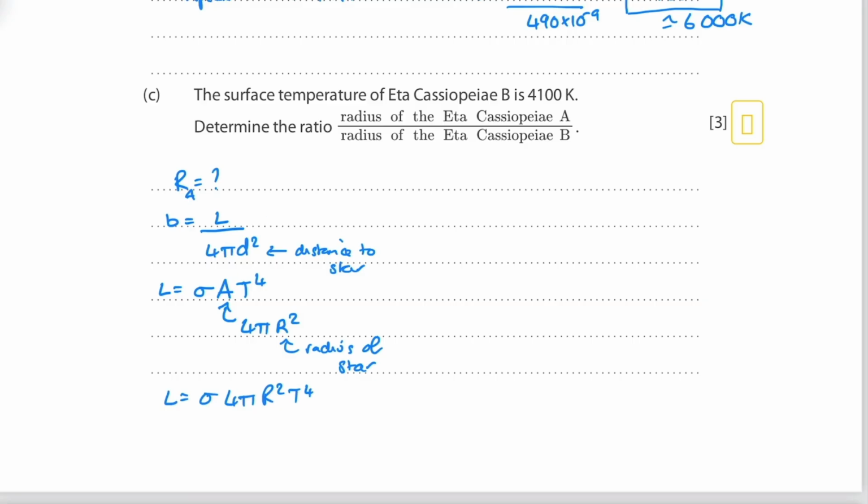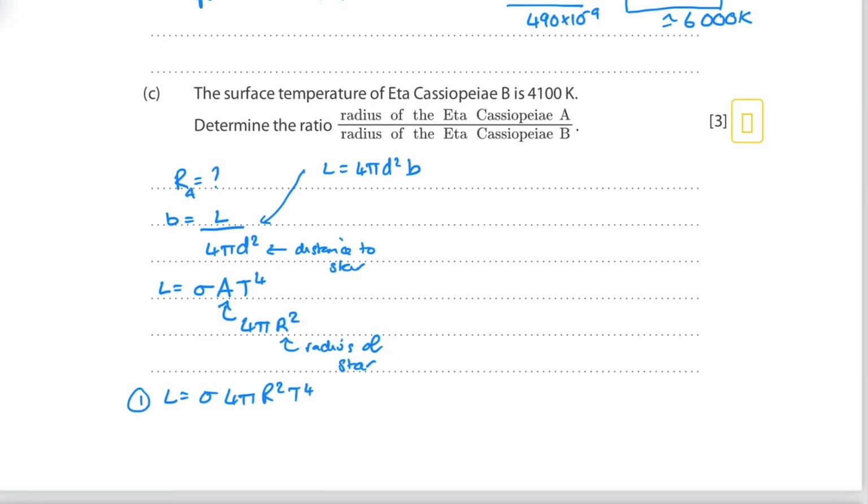And actually we could rearrange this: L equals 4 pi d squared b. So we've got equation 1 for L, and equation 2 for L. Let's equate them. So 4 pi r squared sigma T to the 4th equals 4 pi d squared b.